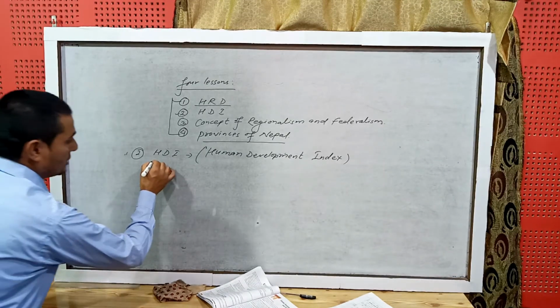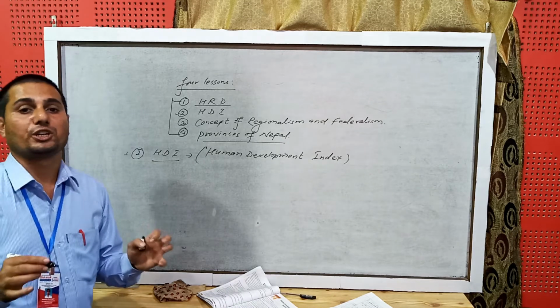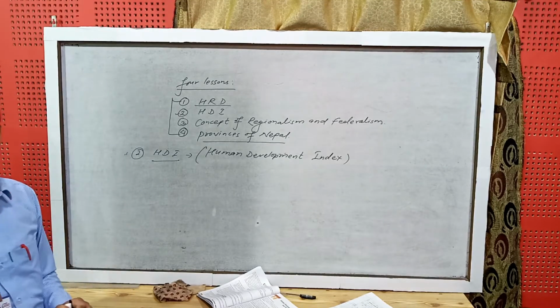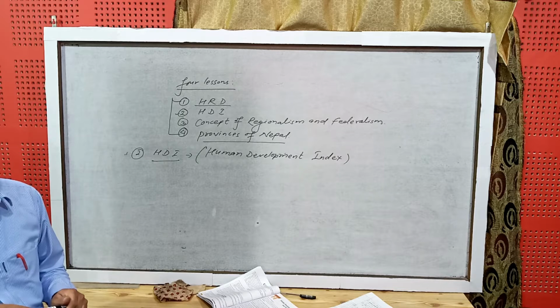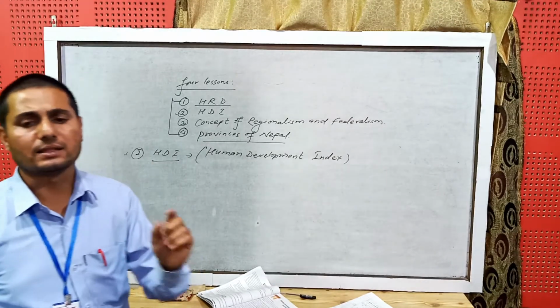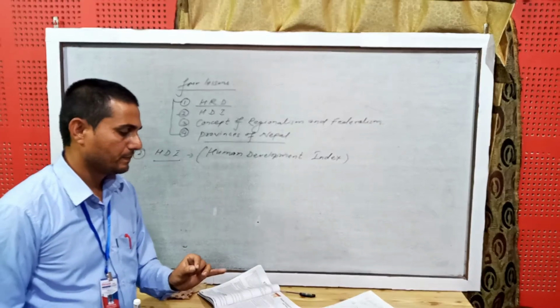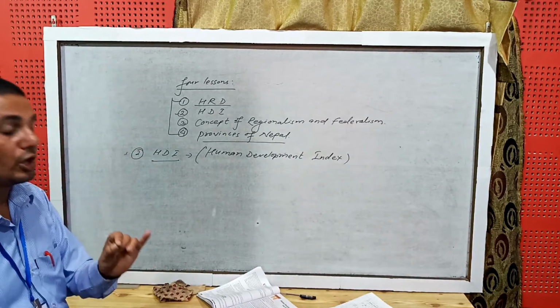Let me tell you the short definition of Human Development Index. The way of measuring three socio-economic aspects, that is life expectancy, literacy rate, and health of a certain place, that is called the HDI.